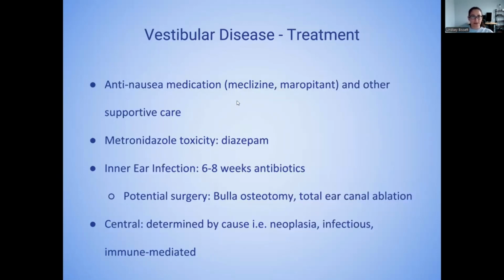As for treatment, if we're pretty sure this is idiopathic, we know it's going to self-resolve in 1 to 2 weeks, so we give supportive care.